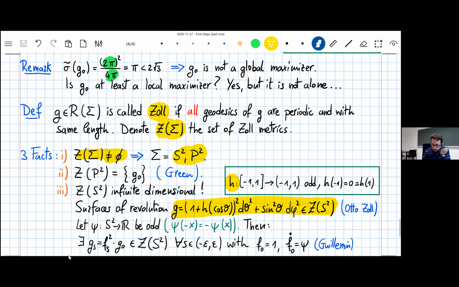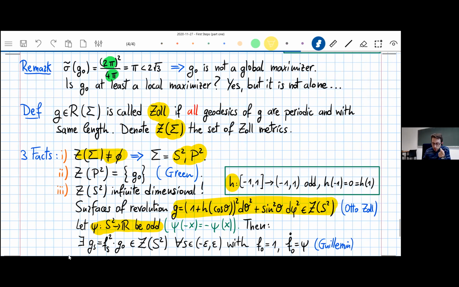Basically, the tangent space of possible deformations is parameterized by odd functions on the two sphere, meaning that psi associates to antipodal points opposite numbers.